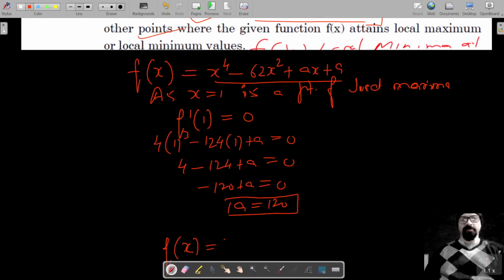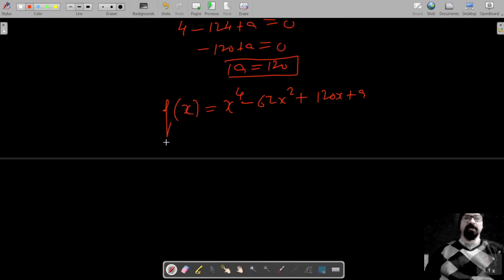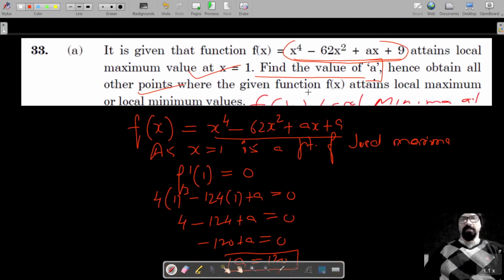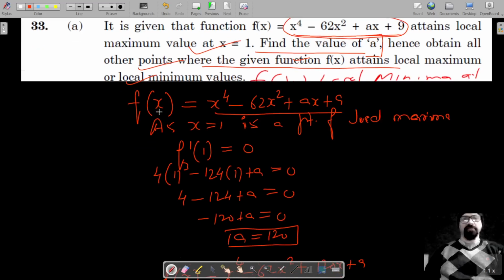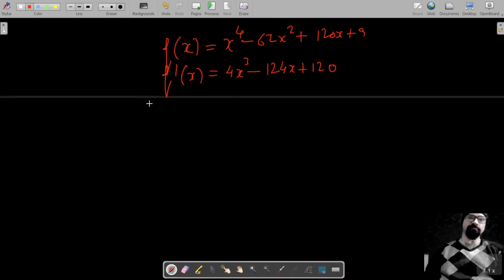Our function is now x raised to the power 4 minus 62x squared plus 120x plus 9. And now the first order derivative is 4x cubed minus 124x plus 120. Now we have to find all other points where the given function attains local maximum or local minimum value.